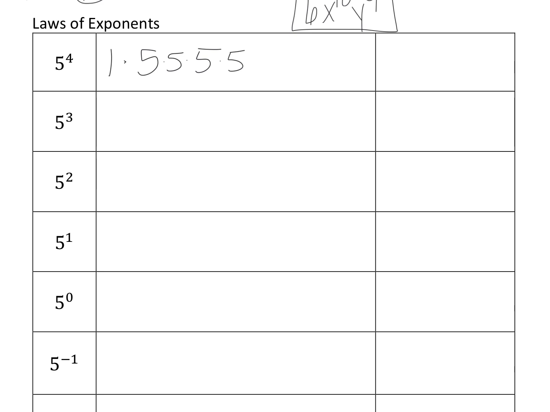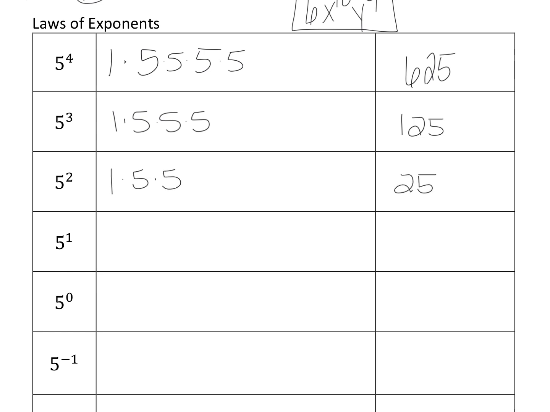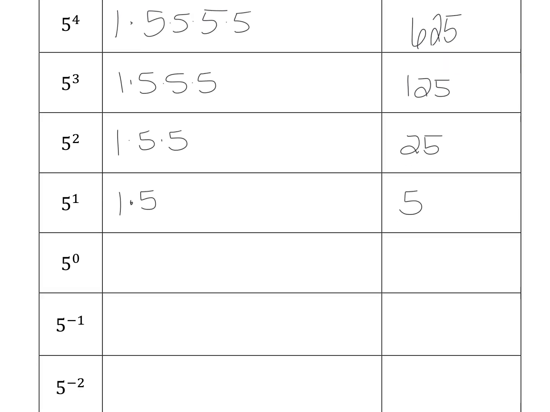So if I put that in my calculator, I would get 625. 5 to the third looks like 1 times 5 times 5 times 5, which is 125. 5 squared is really 1 times 5 times 5, which is just 25.